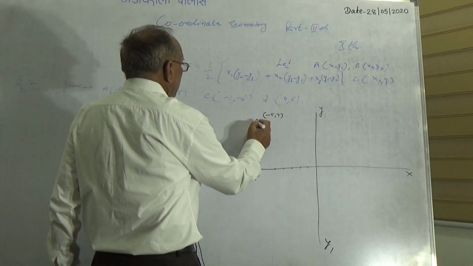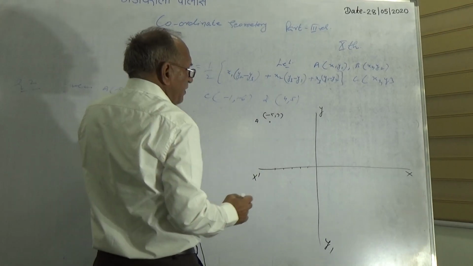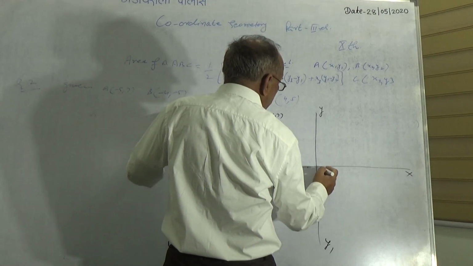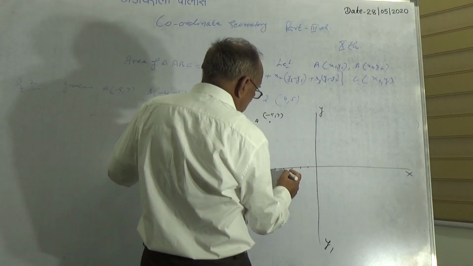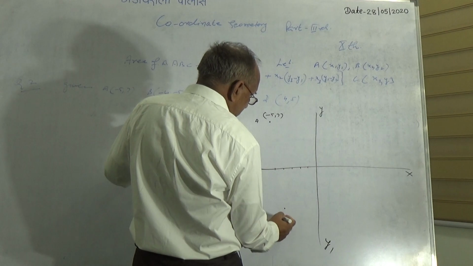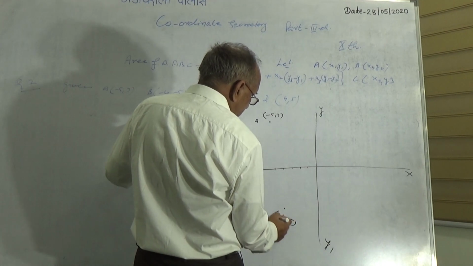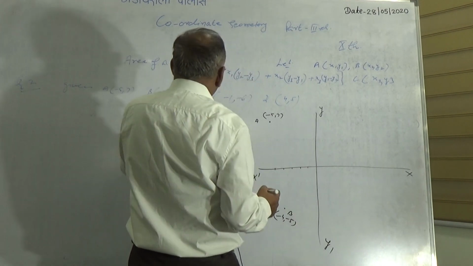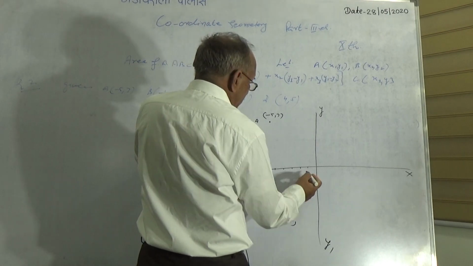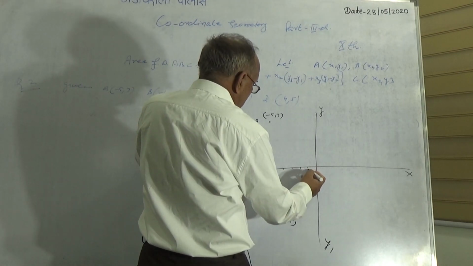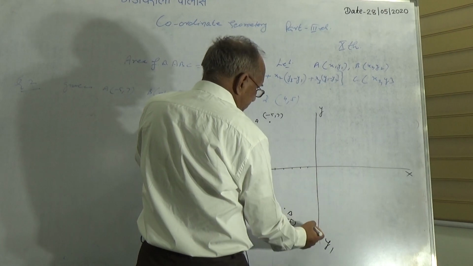Say this is point A. Minus 4 minus 5, minus 4, 1 2 3 4, minus 5. This is B. Minus 1 minus 6, minus 1 and minus 6.